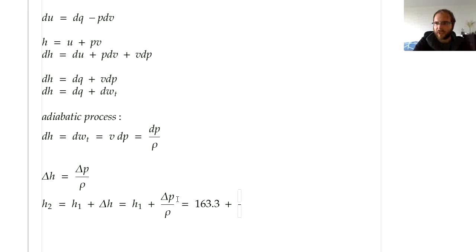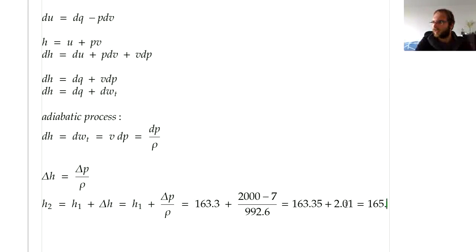So change in the pressure would be 2000 minus 7 divided by the density, which was 992.6 kilograms per cubic meter. And getting the exact values, it's 163.35 plus 2.01, which is 165.36 kilojoules per kilogram.